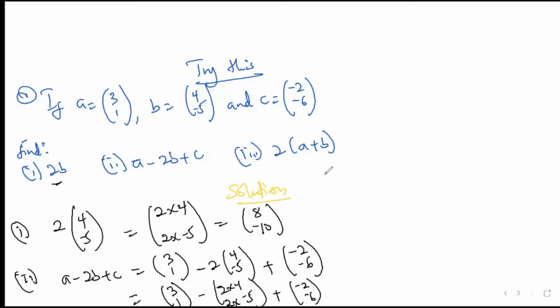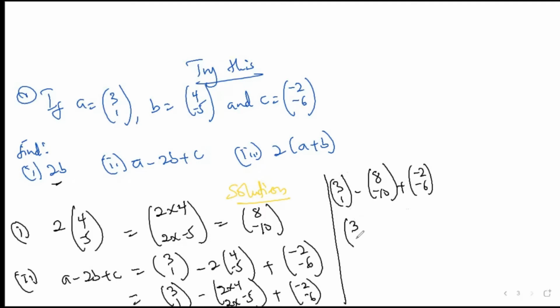Sasha, are you okay? Yes. So this one will now give us (3, 1). Then you will deal with the one inside the bracket. So (8, -10) plus (-2, -6). Then you simplify, right?